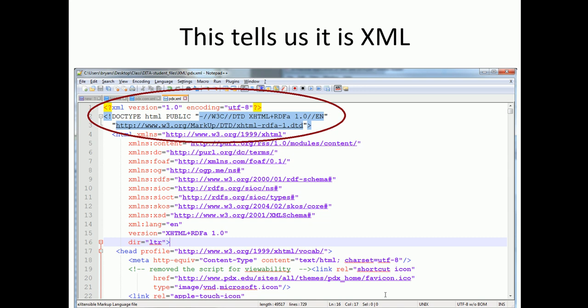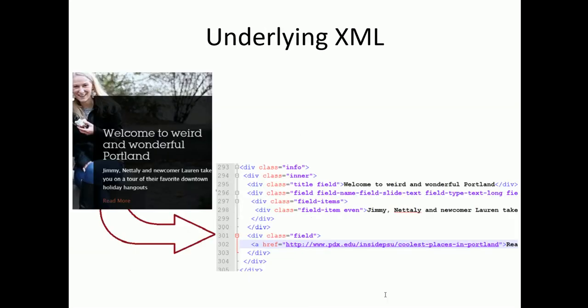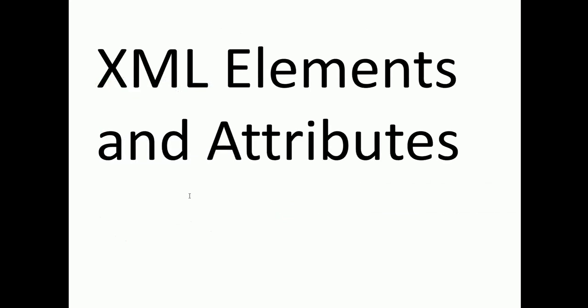And the fact that we have a doctype declaration that refers to a DTD here tells us that this is XML. The underlying XML, on the right-hand side, we have this div, and it has some XML elements in the form of HTML. And then when we render that in the browser, it shows as nicely formatted information in our browser.